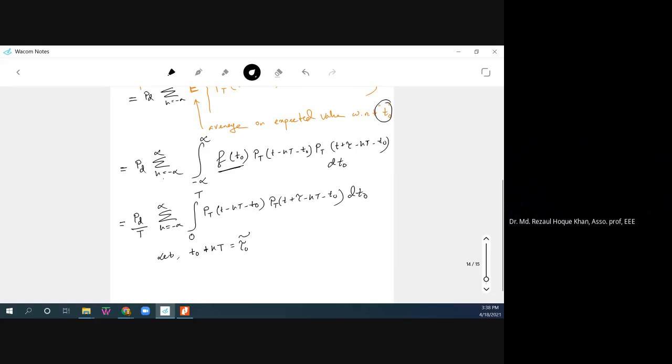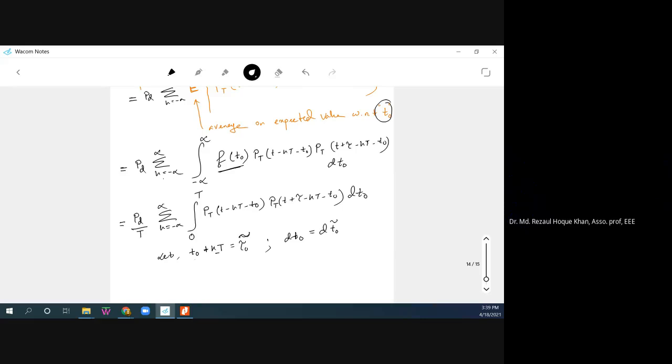If this is the case, then dt0 tilde with respect to t0 is 1, and the derivative of kT is 0. So it will be dt0 tilde, right?